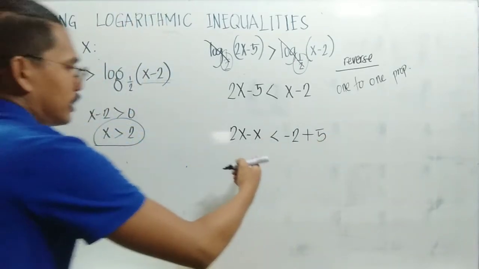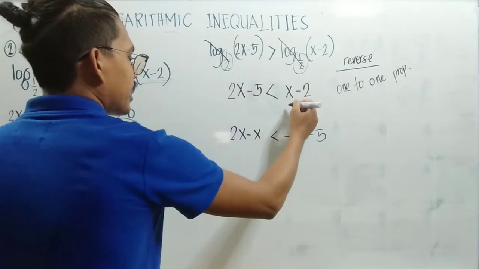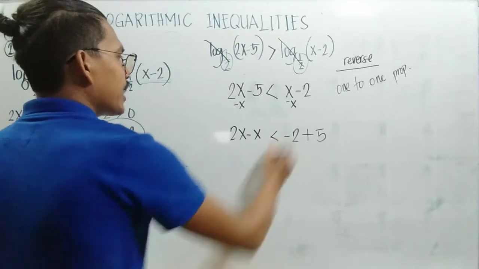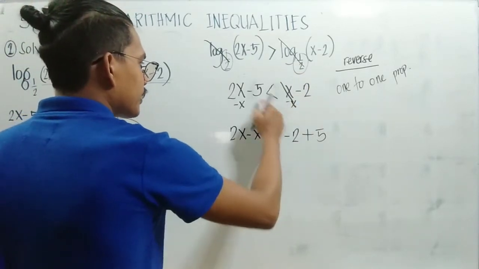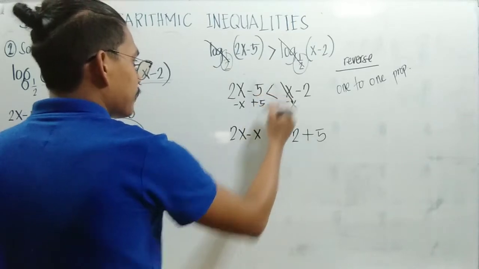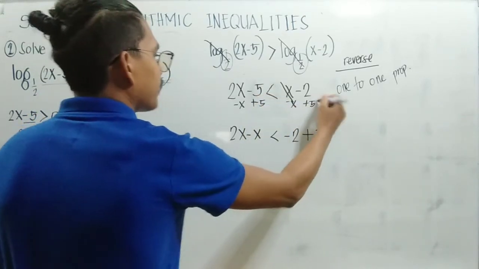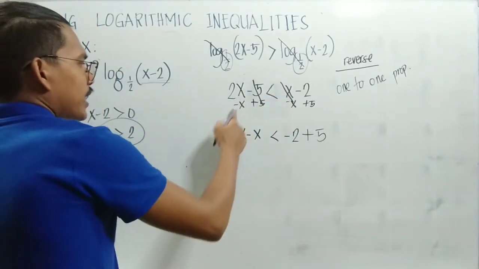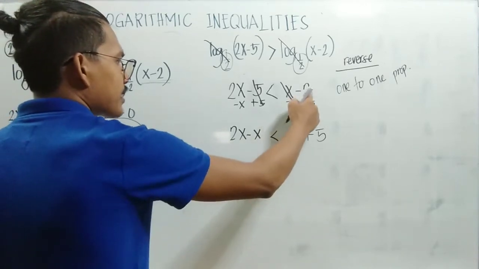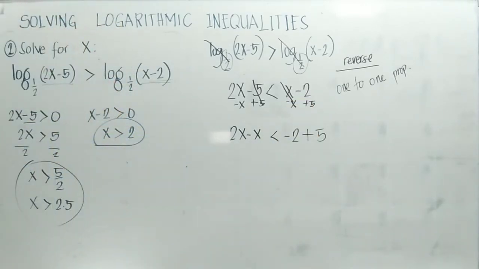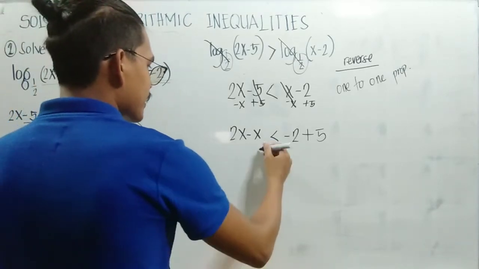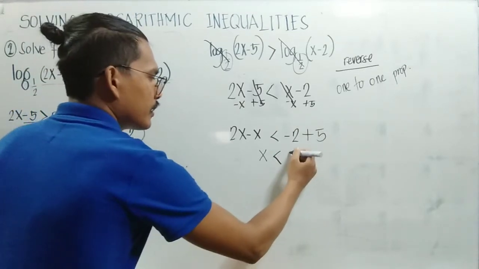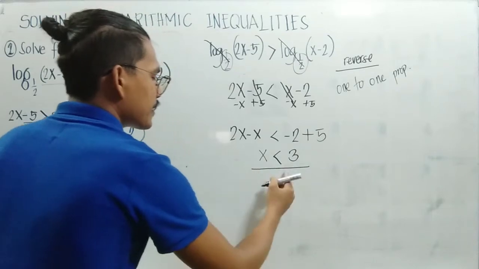So how did we get these things? To eliminate x on the other side, minus x. Then eliminate minus 5 in here, so we have plus 5. So the remaining is 2x minus x, then we have minus 2 plus 5. Simplifying, we have 2x minus x is less than negative 2 plus 5, is x is less than 3.